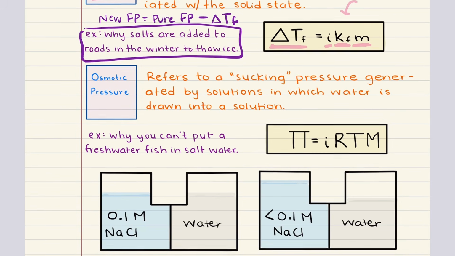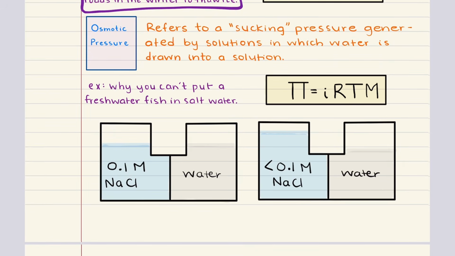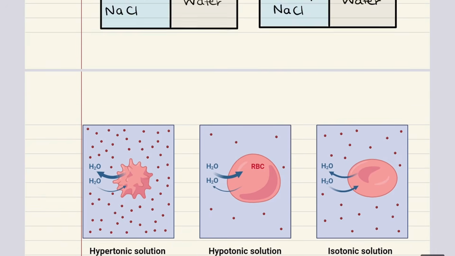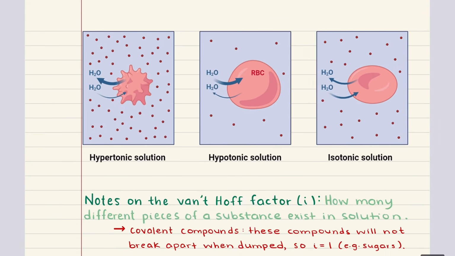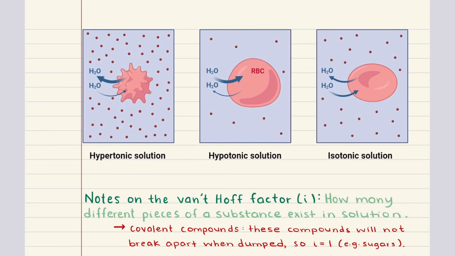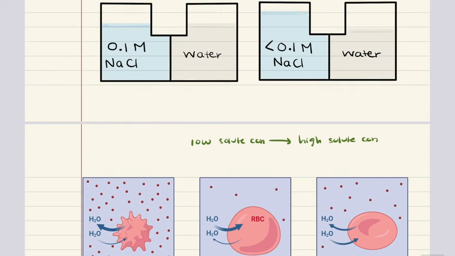Finally, we have osmotic pressure. Osmosis is the flow of solvent molecules through a semi-permeable membrane from a region of lower solute concentration to a region of higher solute concentration. Osmotic pressure is the pressure you would need to apply to stop that net flow of solvent.